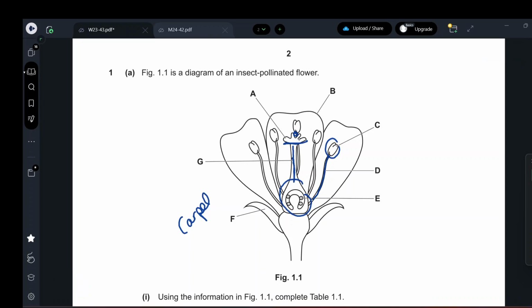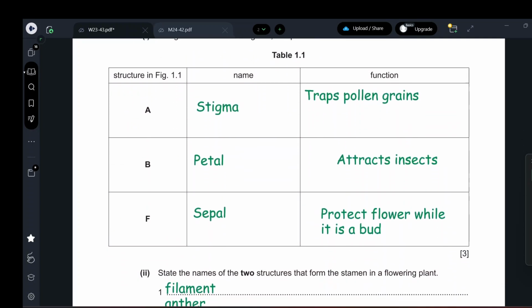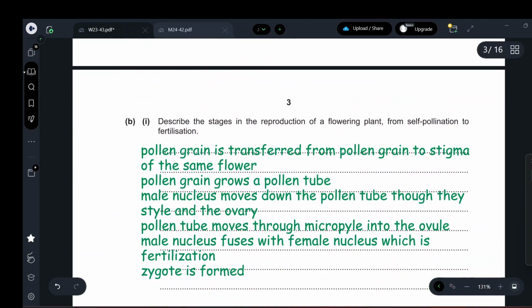It starts forming a pollen tube by secreting enzymes which digest its pathway. The pollen tube enters inside the ovary into the ovule through the micropyle, which is the small hole, and delivers the male nucleus to the female nucleus so that they could fuse together in fertilization.